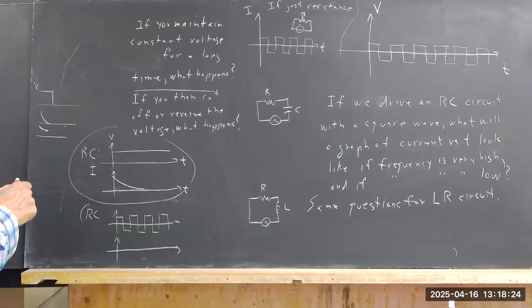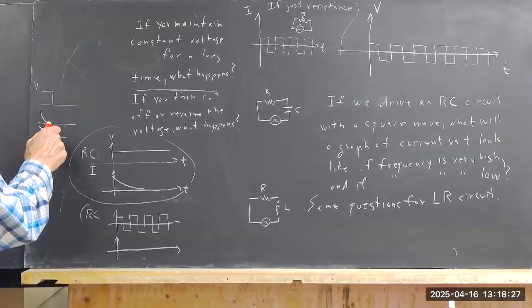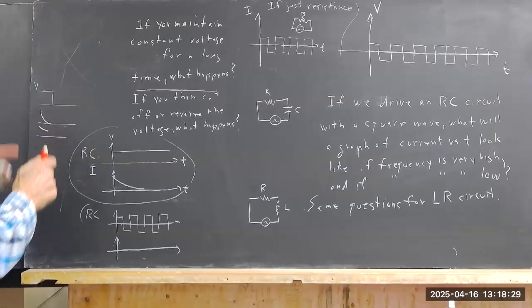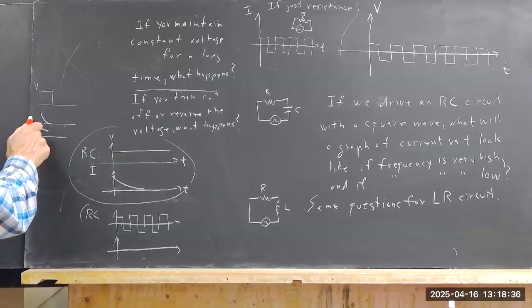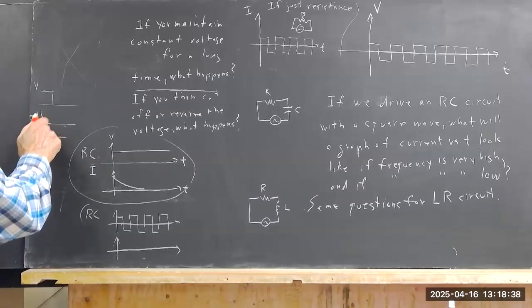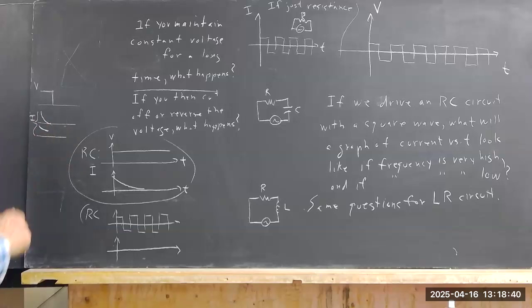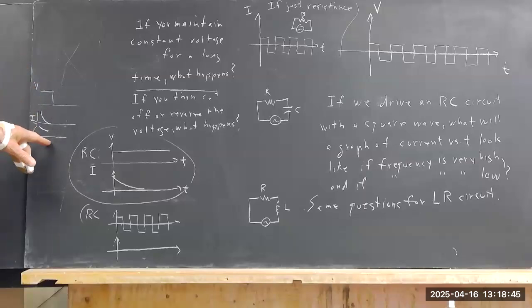Okay. You might get a curve that looks like this, where it approaches very close to the asymptote to 0. Okay. And of course, this is your current. Or it could be like this, where it doesn't get that close to its asymptote. Why would it not get that close to its asymptote? Because you switched the voltage on it and something else is going to connect, right? That makes sense.